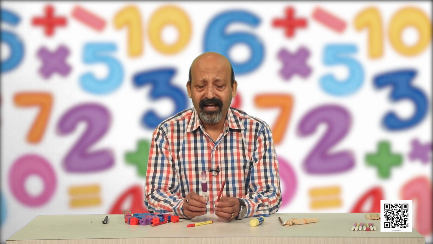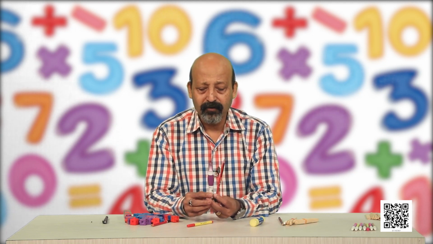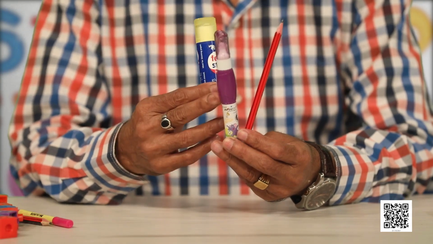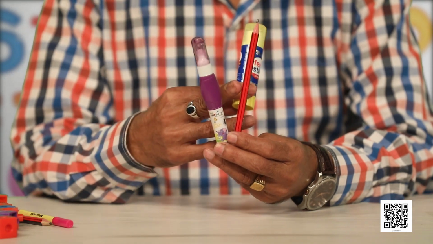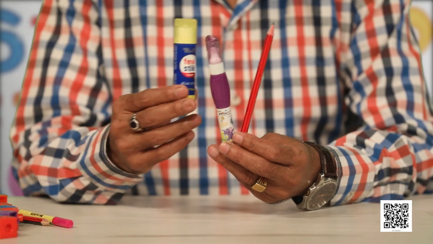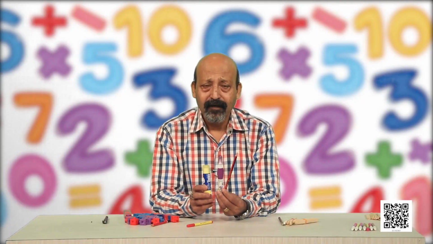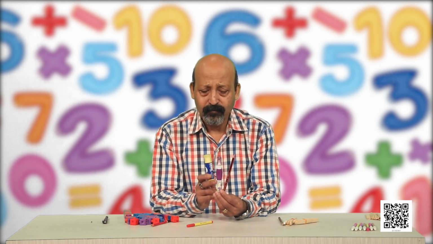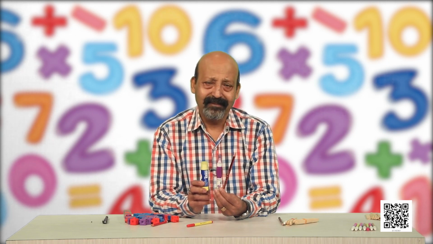Now, if we have more than two objects, what can we say about these? Now, I have these three objects with me. I find this stick is thicker than the white marker and the white marker is thicker than the pencil. The pencil is thinner than the white marker and the white marker is thinner than the glue stick.